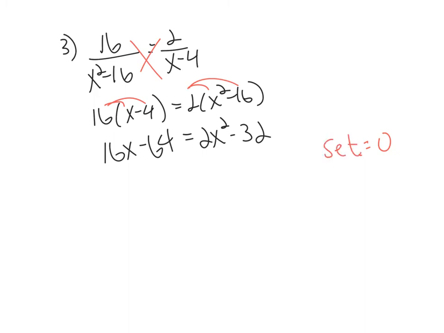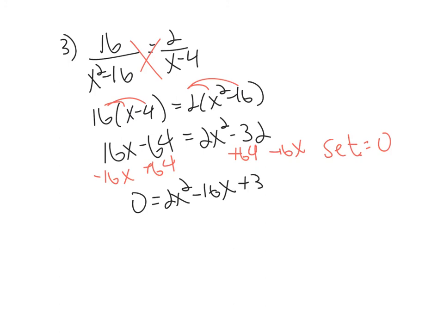So if we set equal to 0, that means we are subtracting 16x and we are adding 64. So 0 will equal 2x squared, minus 16x, and this would be a positive 32.